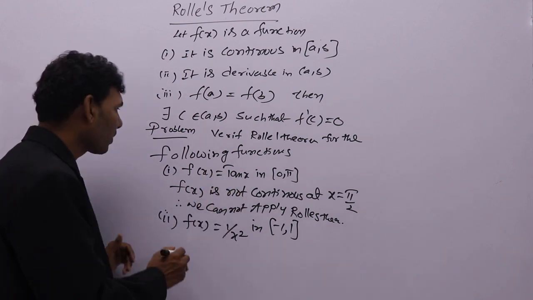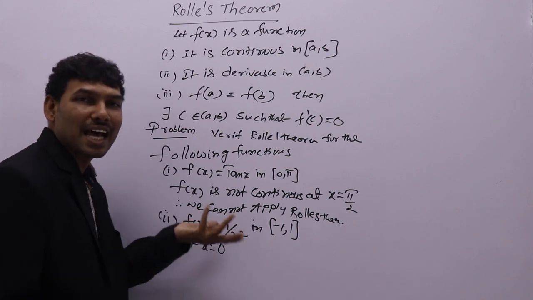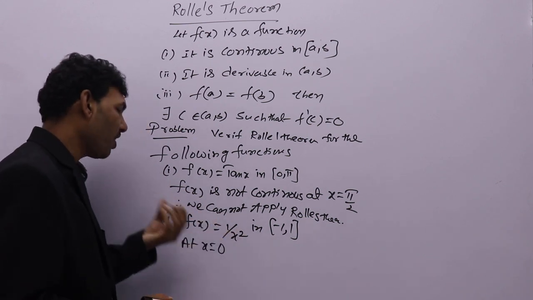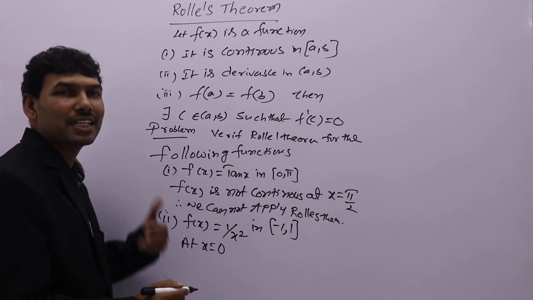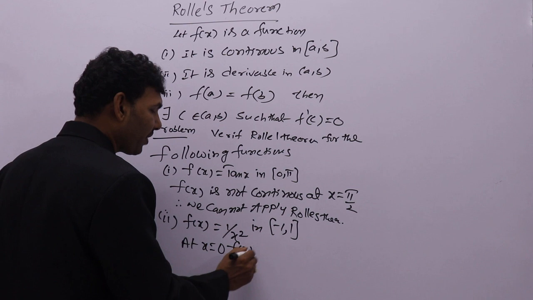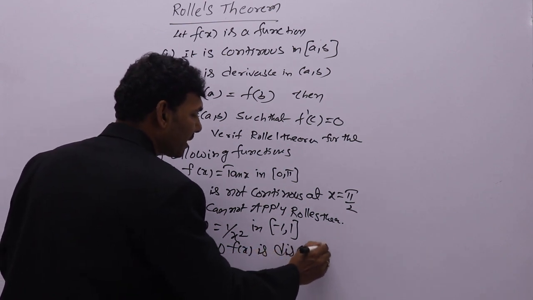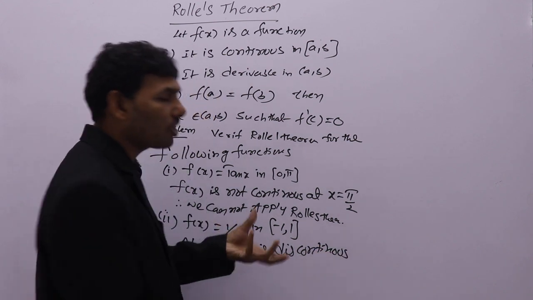What does it mean? At x equal to 0, f of x has no finite value. That means it has infinity. That means at x equal to 0, f of x is discontinuous. This is the technique which you need to remember. This is a shortcut.